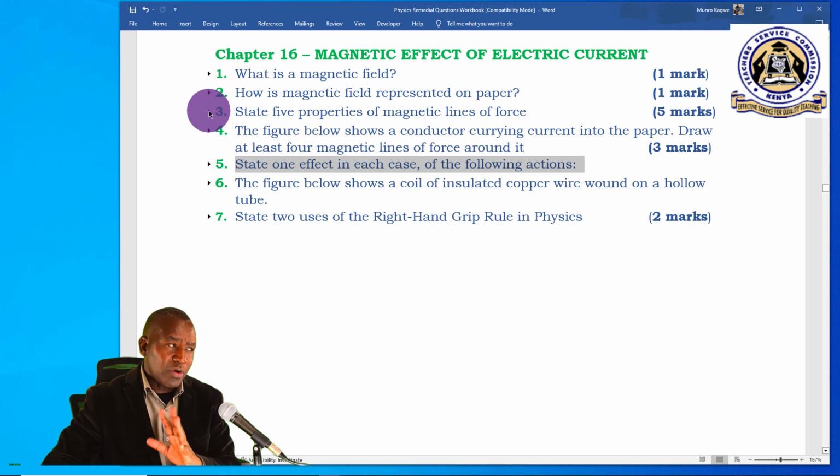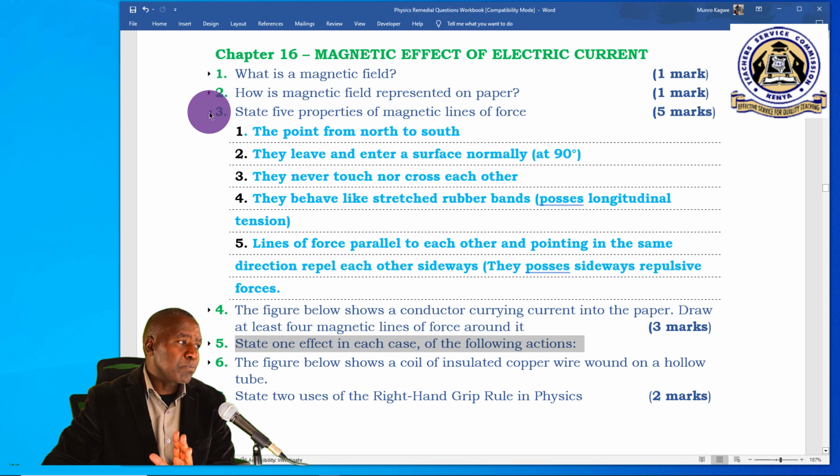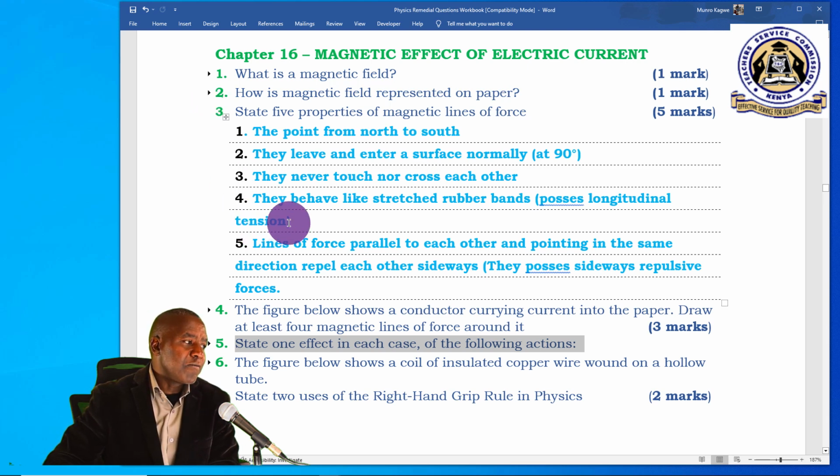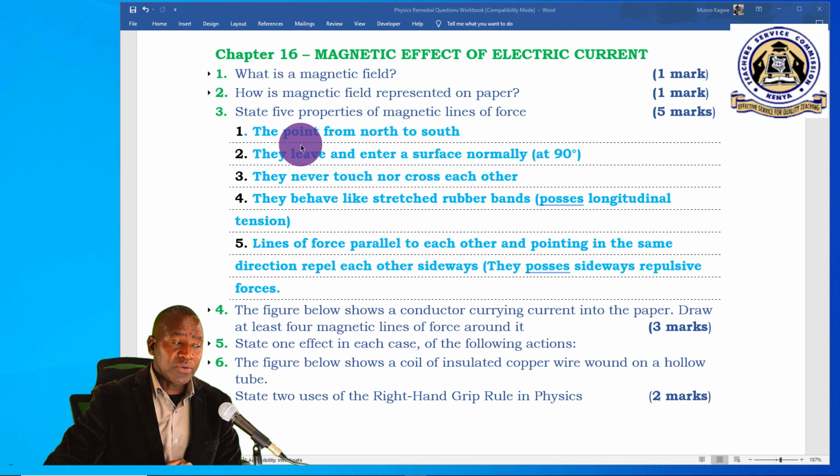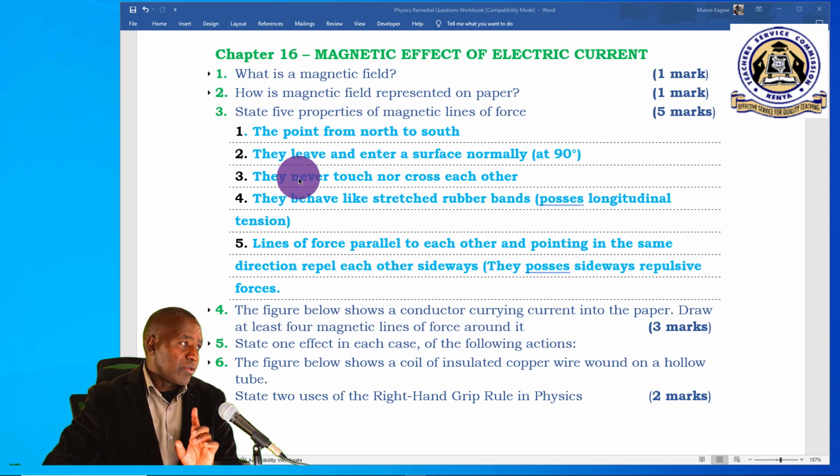Let's refresh our minds and see what are these 5 important properties of magnetic field lines. Of course, the first one, we have already talked about it, is that they point from north to south. Number 2, they leave and enter a surface at 90 degrees, that is normally. They never touch. They neither touch nor cross each other.